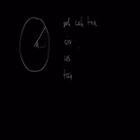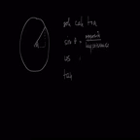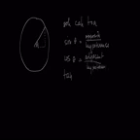And if we know that, we can use this mnemonic to say that sine of theta is the opposite over the hypotenuse. The cosine is the adjacent over the hypotenuse, and the tangent of theta is the opposite over the adjacent.